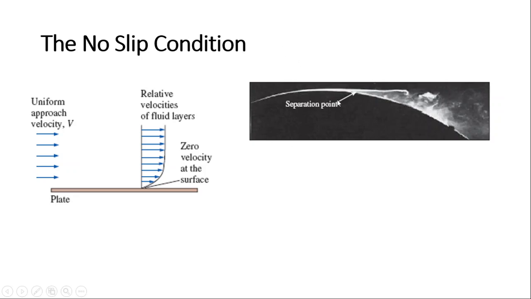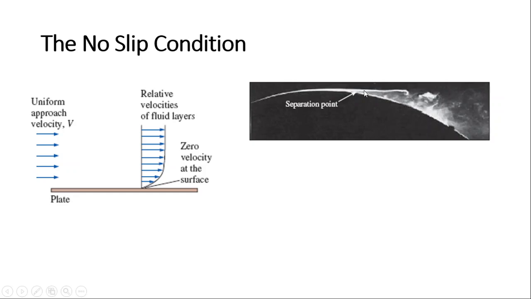Later on we will discuss what internal flows and external flows are, so you will easily differentiate between flow over a surface and internal flow. Suppose we have a solid surface and the liquid is flowing over it with a low velocity.